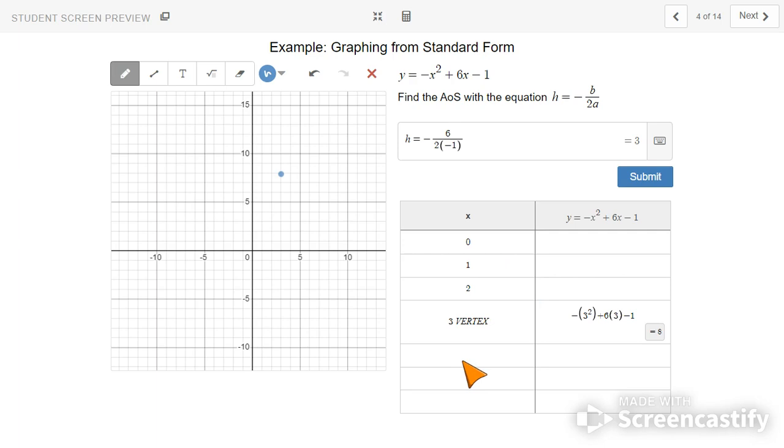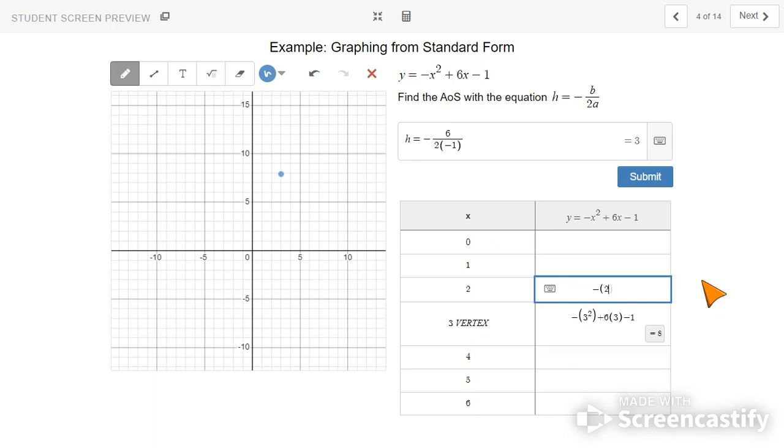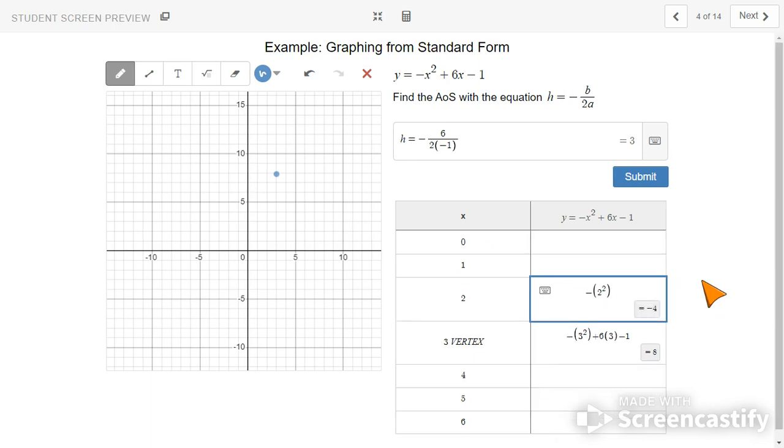All right, I'm going to place values around it. And I'll do one side so that I can substitute it in for the rest. Negative 2 squared plus 6 times 2 minus 1. That's a 7. So the mirror image would be here.